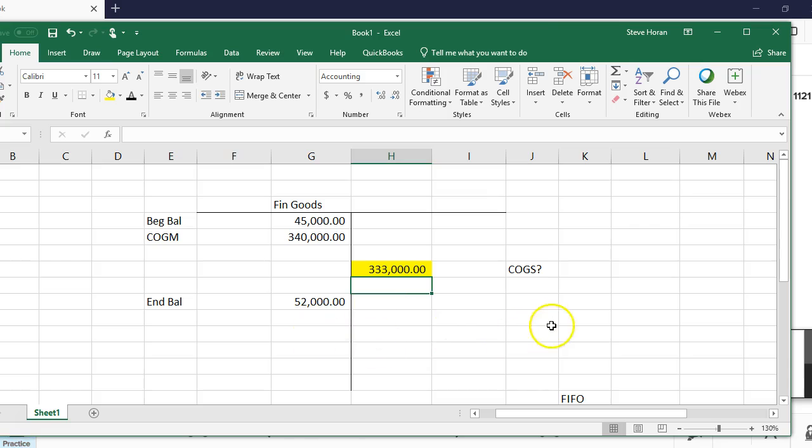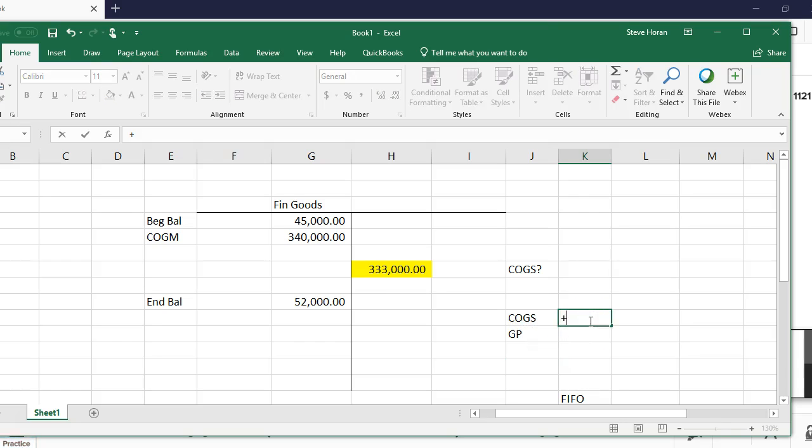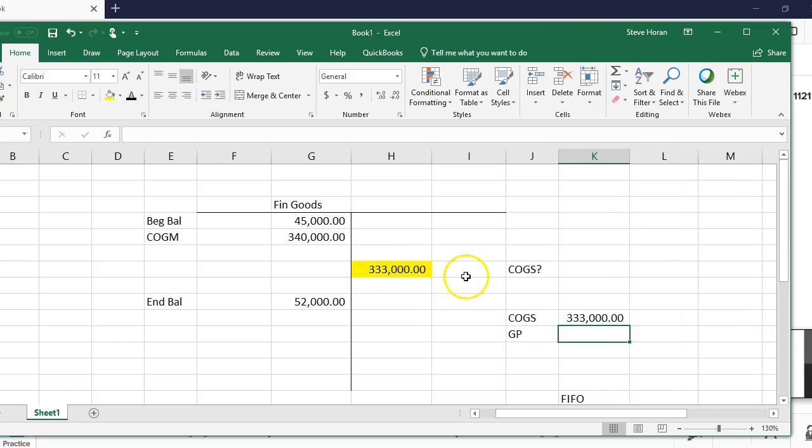Okay, so let's just go ahead and put that over here. So cost of goods sold, and then my gross profit. So the 333. My gross profit 96. The sum of the two is my sales. So sales is 429. Okay, that's my sales number. So that's really the ultimate answer right there. Sales is 429.